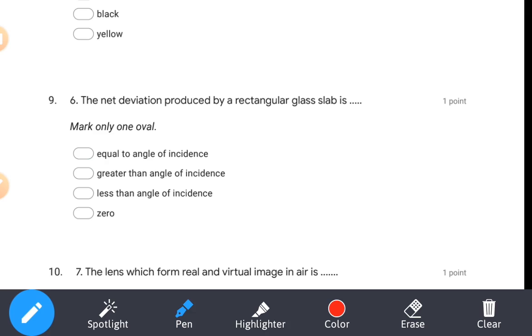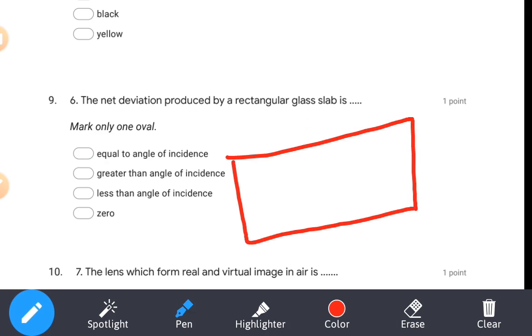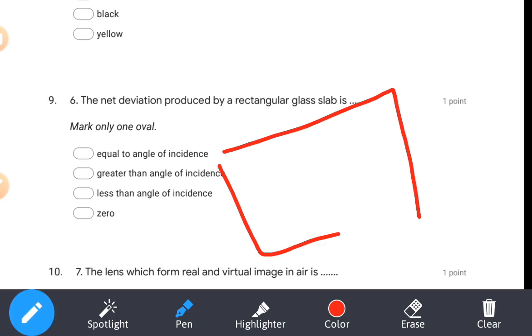The net deviation produced by the rectangular glass slab. If you take a rectangular glass slab and send one light ray, what happens? It gets refracted and it bends like this. One minute, let me draw it neatly. Think that this is the incident ray.